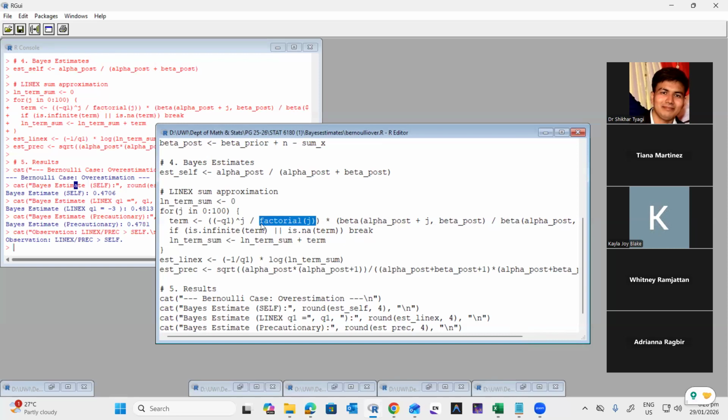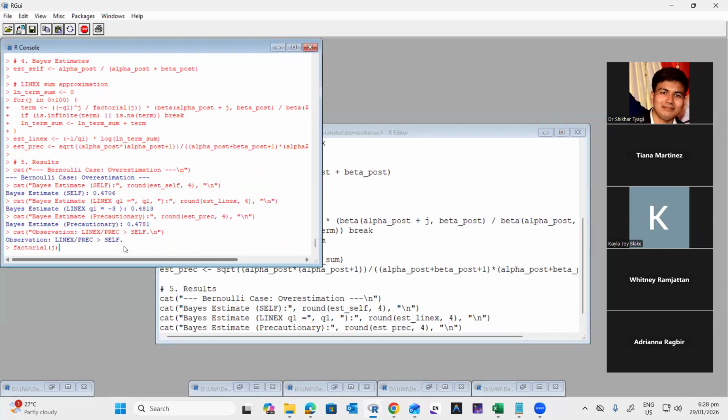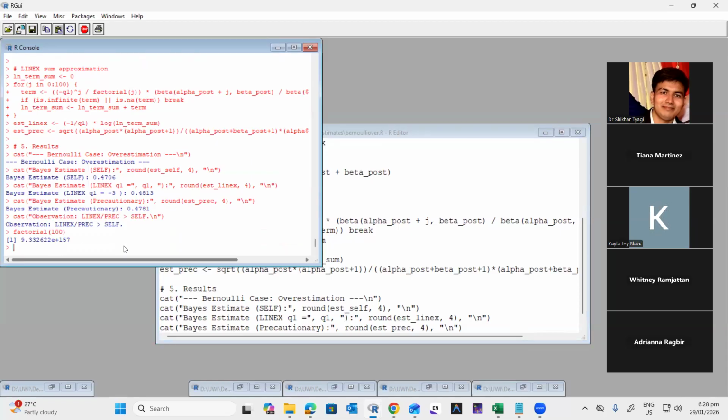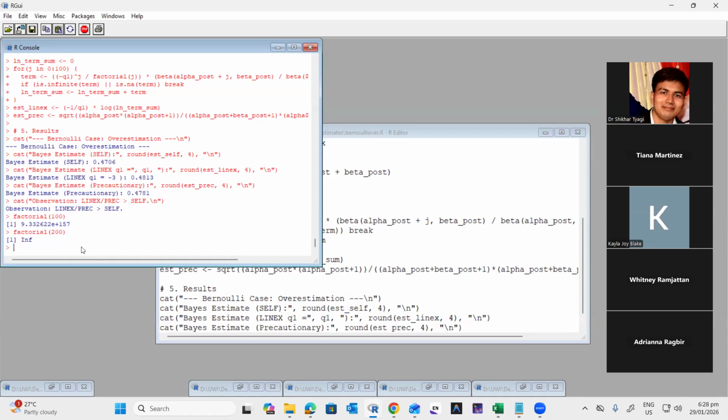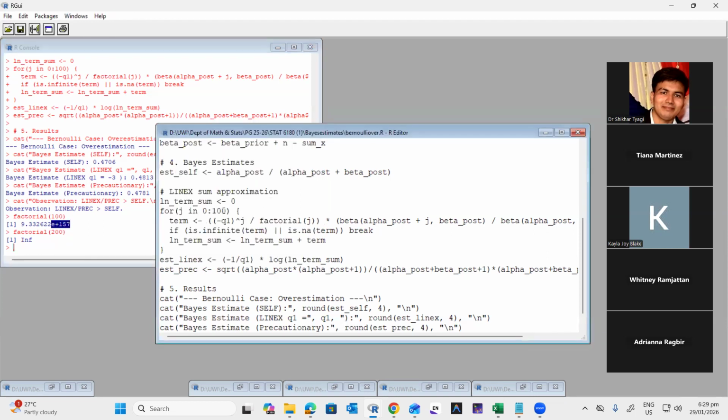The factorial of 100 is provided, because it is up to 157. Now we check 200, and it is providing infinite. That's how I said it doesn't get values more than e raised to the power 200. That's why we are running it up to 100, because 100 is large enough.